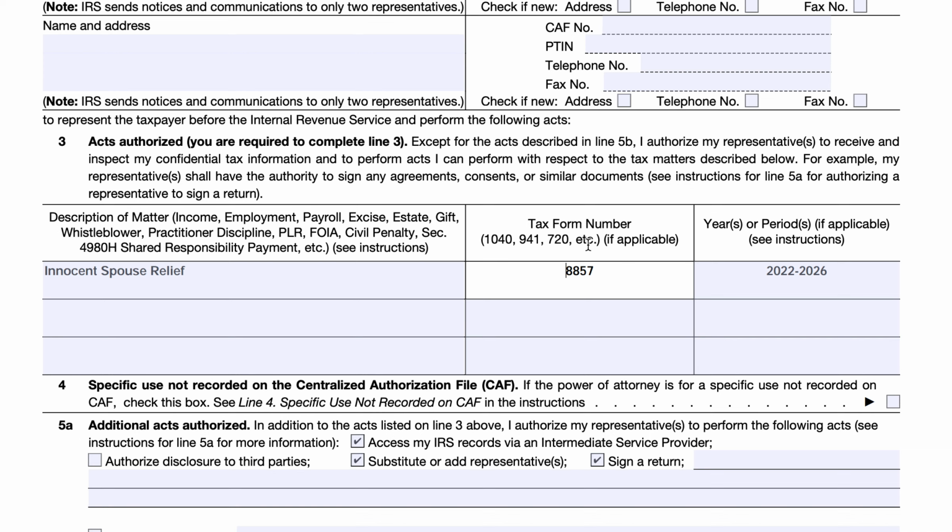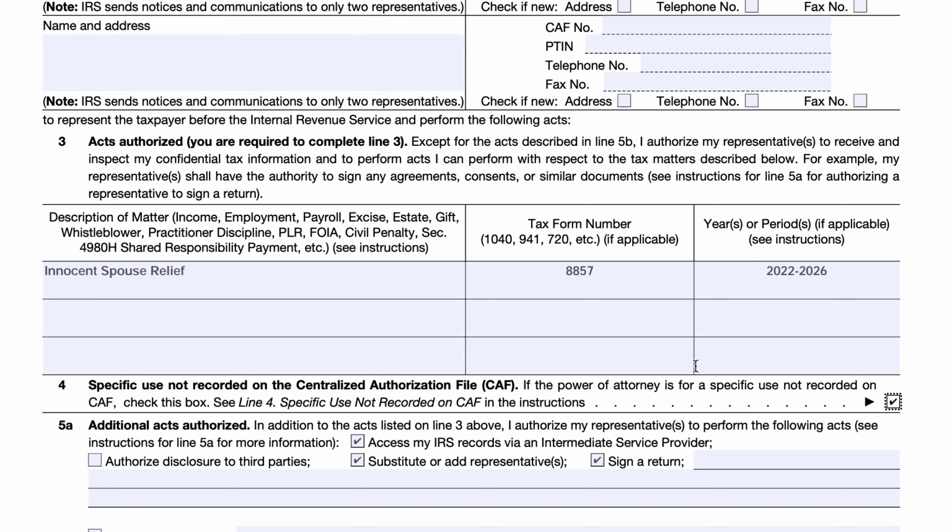And again, you don't have to, but generally this is the information that you should know as your tax professional or your representative is going through this form with you. You can also check this box if you want to authorize a specific use that's not recorded on the CAF. There are certain items that are pre-recorded on the CAF.